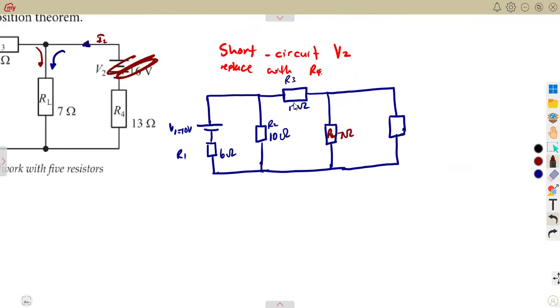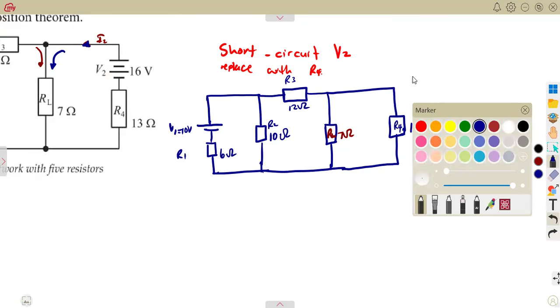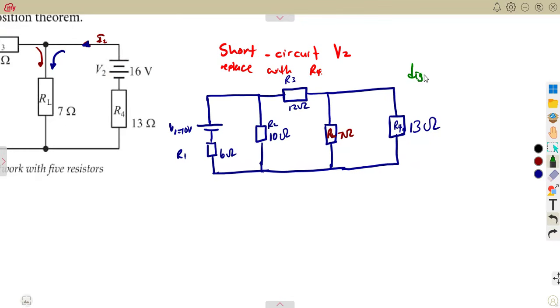Remember, V2 is no longer there. And we have got our 13-ohm resistor representing R4. So this is what you're going to have. I'm just going to call this diagram 1, so that in any case, we might need to refer back to it.